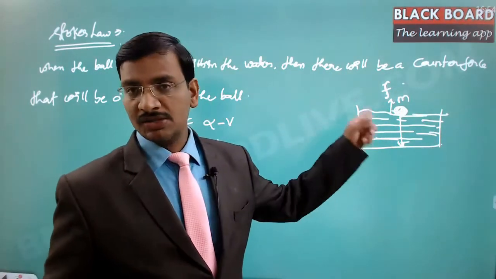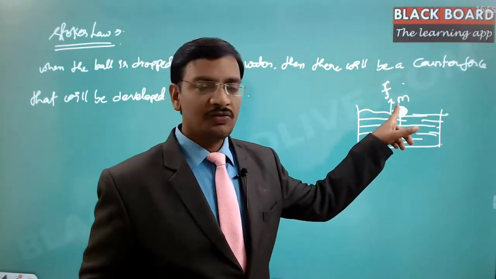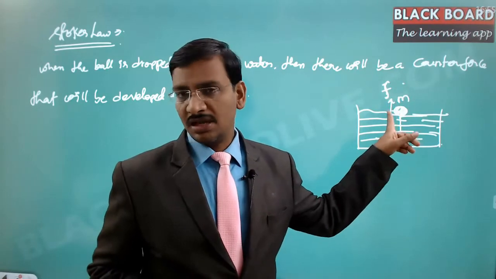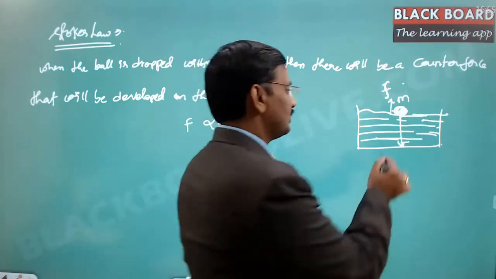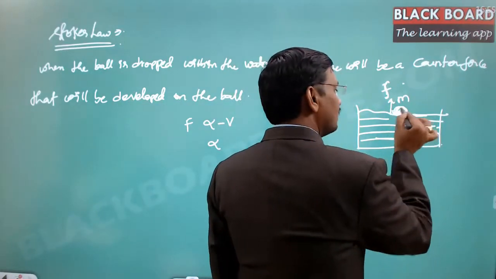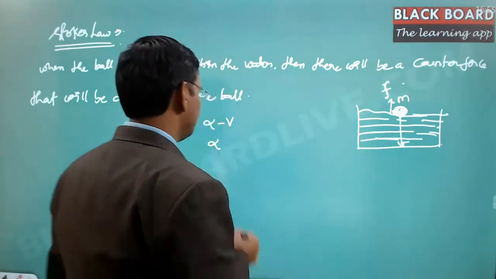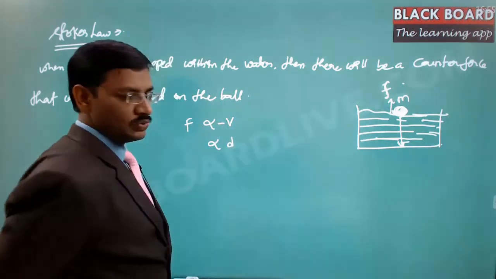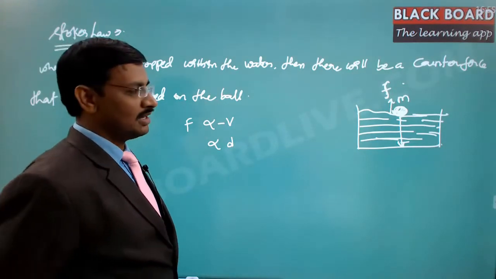The diameter is an important characteristic of the ball while moving from top to bottom, because the surface area causing the relative motion is the entire area. Indirectly, this surface area is dependent on the diameter. Hence this is dependent on the diameter also.